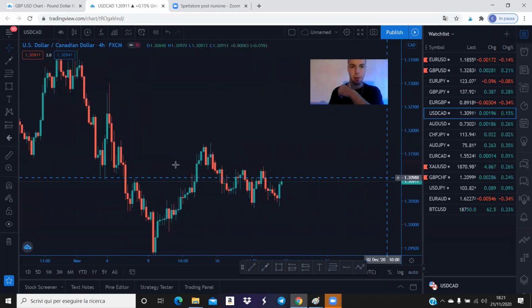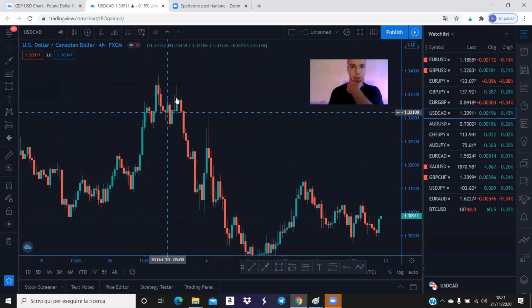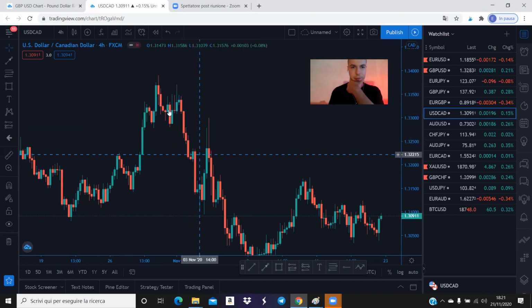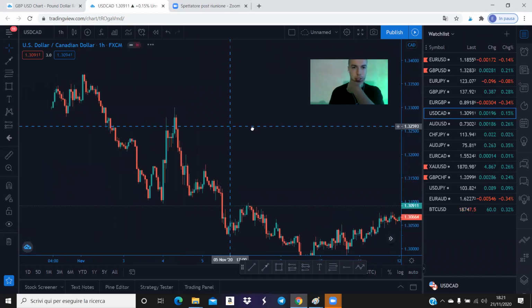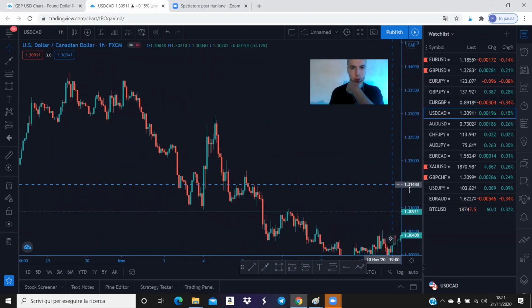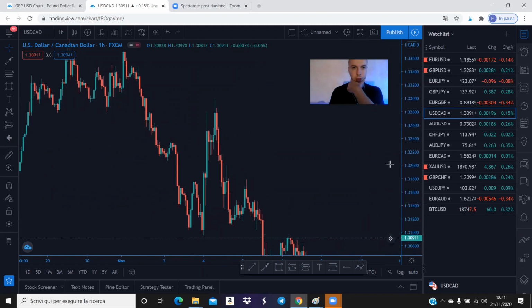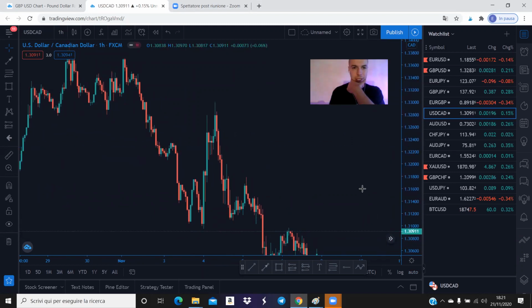USD/CAD 4 hours. You have this huge push to the downside. Go to the 1 hour to see if it corresponds. And finally, on the 1 hour, you can see where the big push is happening from. I mean, the biggest push is happening from here, but in this case, it would have been a loss.